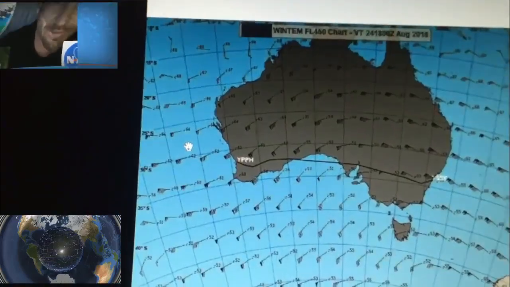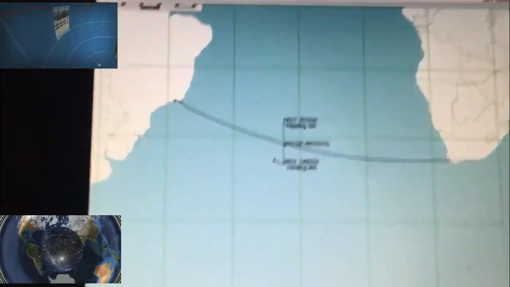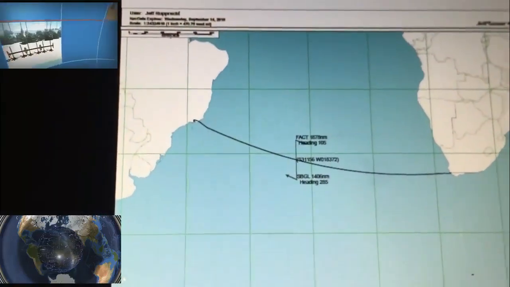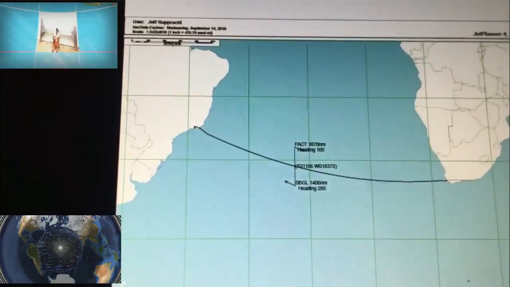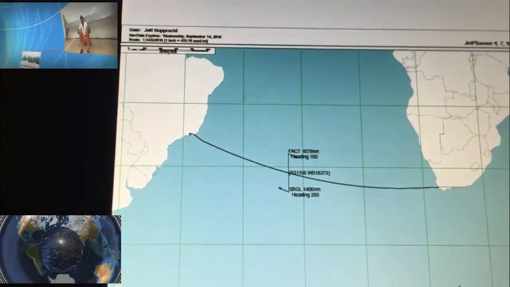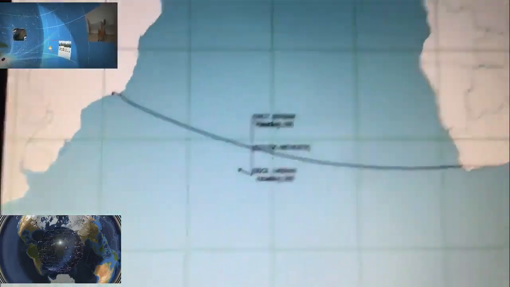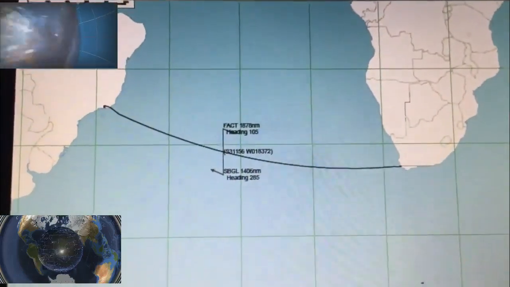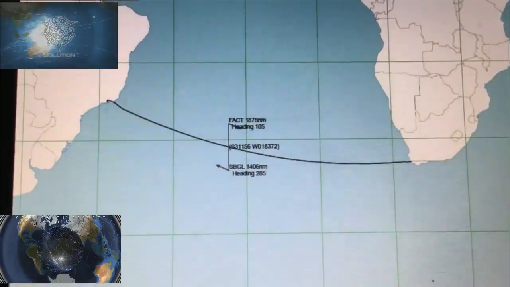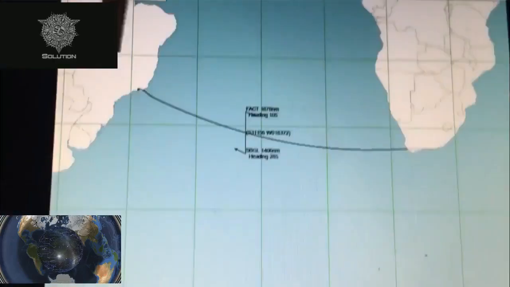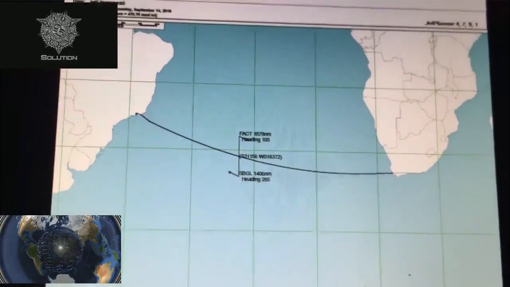Coming back to Sydney in Australia. Now, what this map is showing us is what I mentioned earlier, the equal time point. It's basically showing us where we would divert to if we had a problem. You'll notice that the equal time point is actually closer to Rio than it is to Cape Town. That's because we had a very, very strong wind from the west.